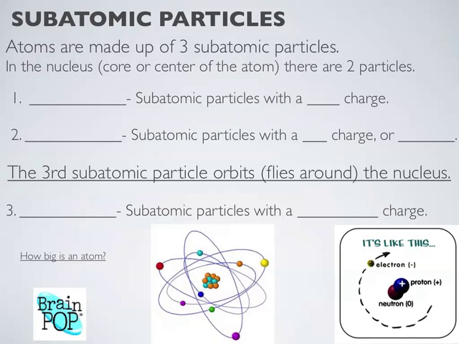So the first subatomic particle is the proton. It's found in the nucleus. And these subatomic particles have an electrical charge to them as well. Do you know what charge a proton has? Positive. Yeah, it has a positive charge.